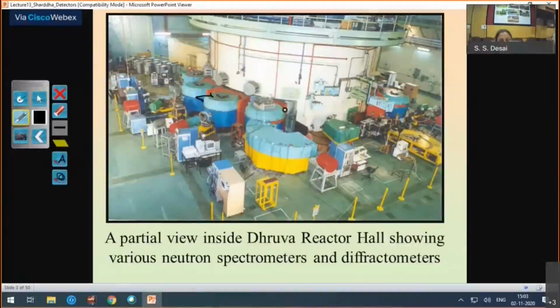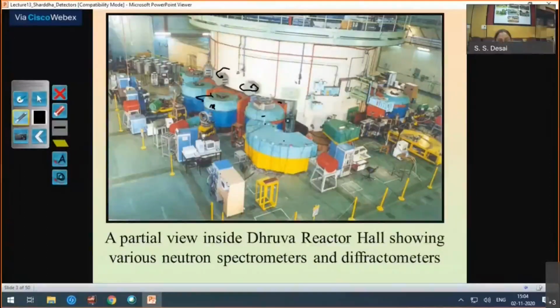These are all neutron beam holes. The beams coming from the reactor are used here, passing through a monochromator.